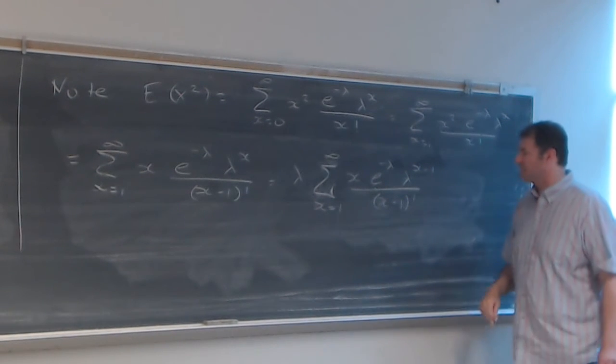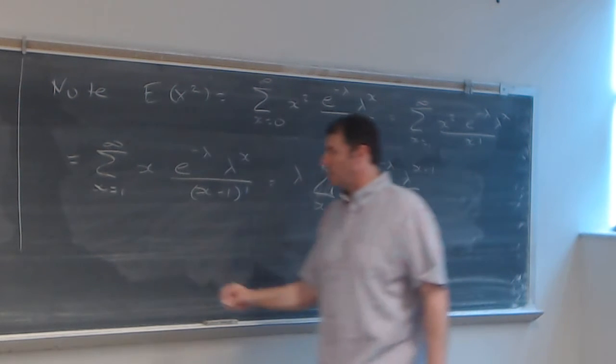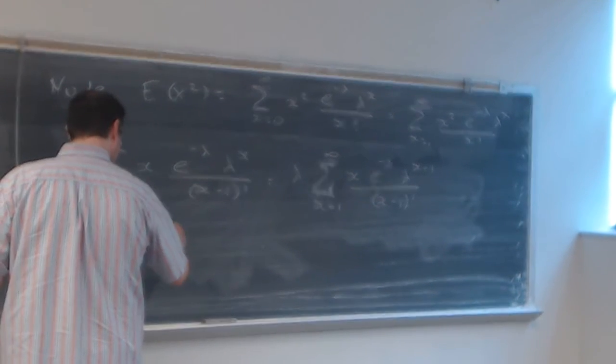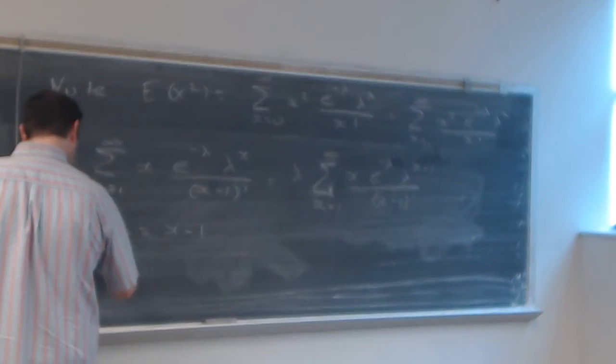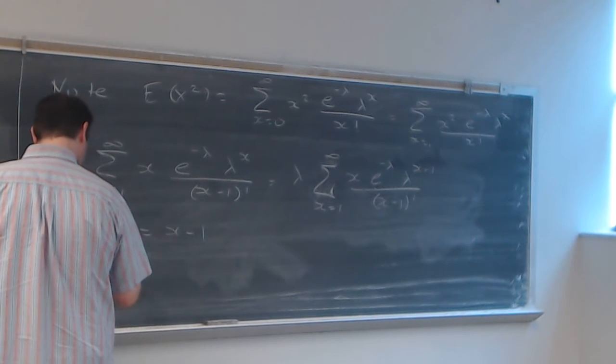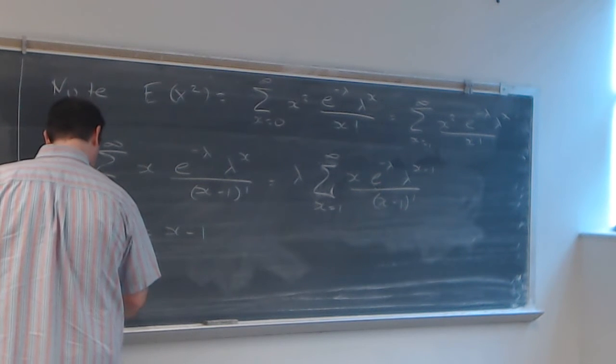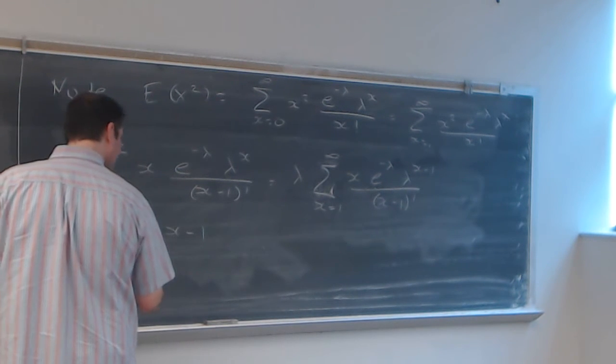This and this index match, that's a good thing. We're going to let y, again, let's change variable here, equal to x minus 1. So we get lambda times the sum as y runs from 0 to infinity.